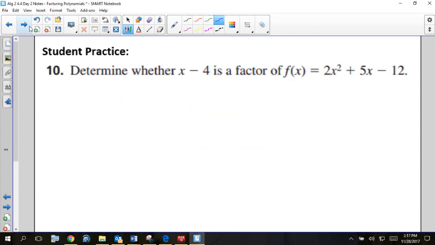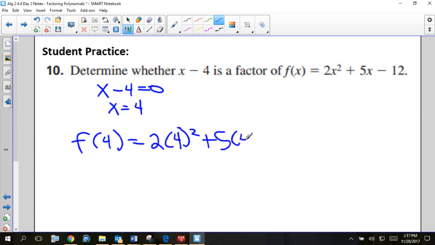Okay, you try one on your own. So what I would expect to see on your paper would be you plugging it in, and then what does f of 4 equal?